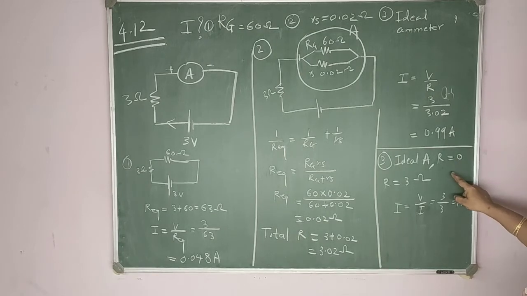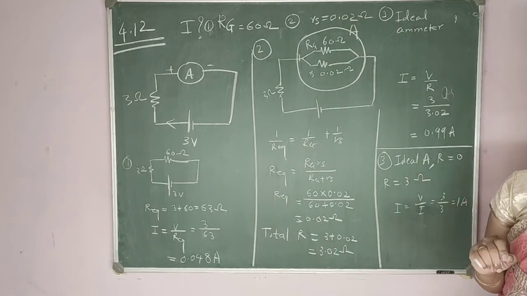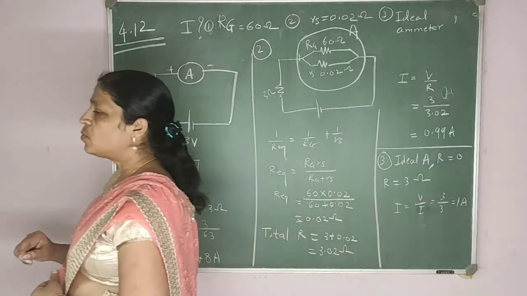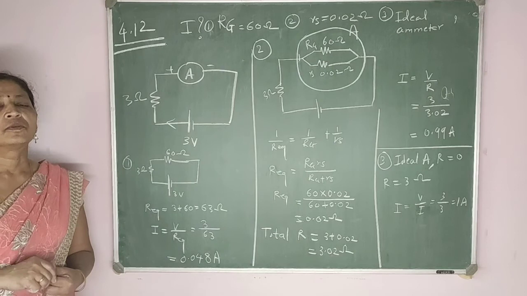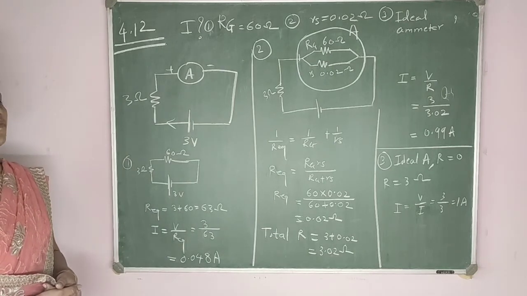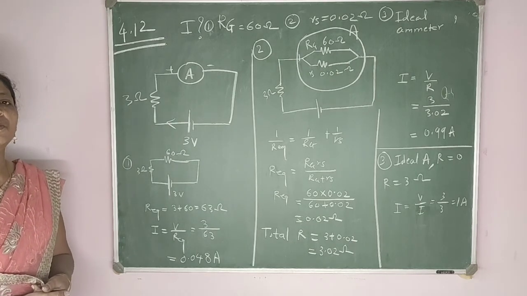For an ideal ammeter also it is 1 ampere. 1 ampere and 0.99 ampere are much closer to each other. So we can say the ammeter can be prepared by using a galvanometer. How can we use a galvanometer as an ammeter? By putting a small shunt resistance in parallel with it.